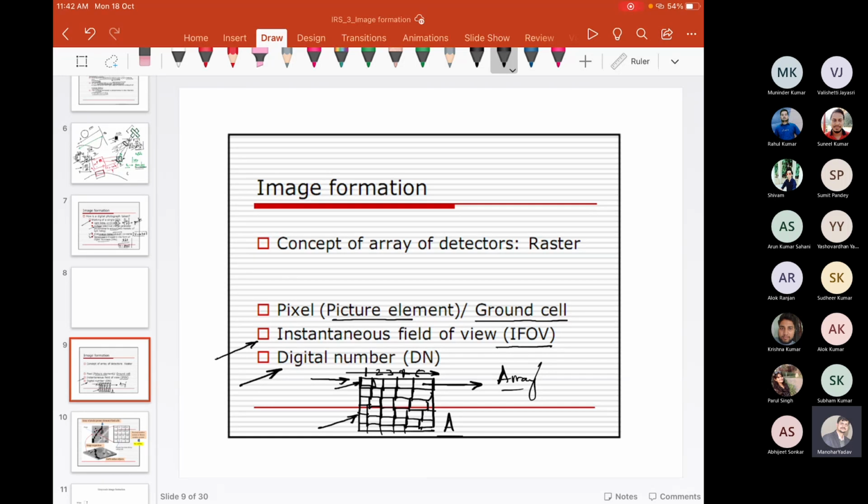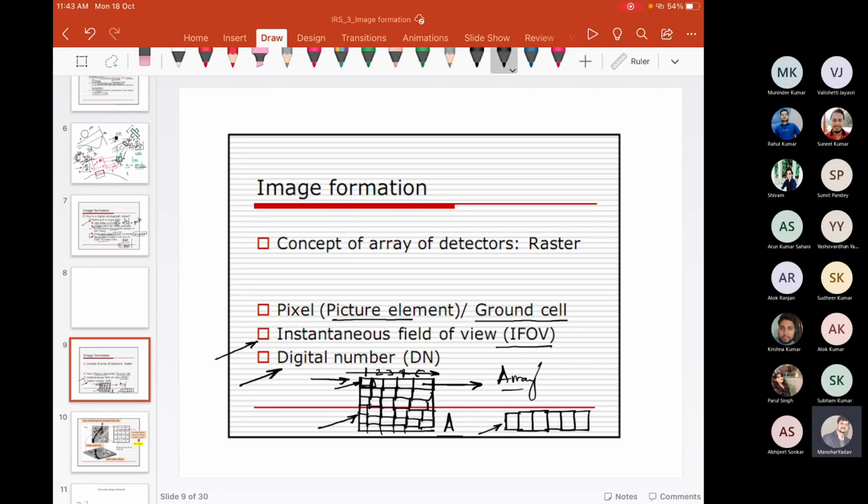The other way could be what I would like to tell you here. We consider the array, and let's say this array is comprised of 5 grid cells. So to understand what could be the mechanism through which the sensing system captures the digital numbers corresponding to these grids.